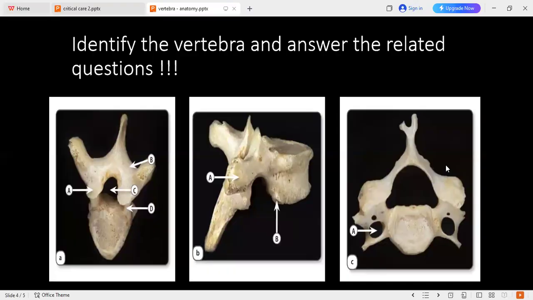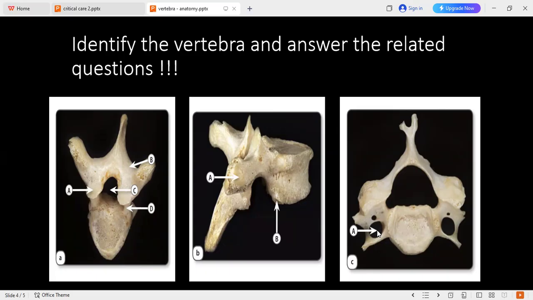And C, it looks cervical, maybe the seventh also. What is A, if you could identify, please? It is the transverse foramen. What passes through it? The vertebral artery. Yes, good.